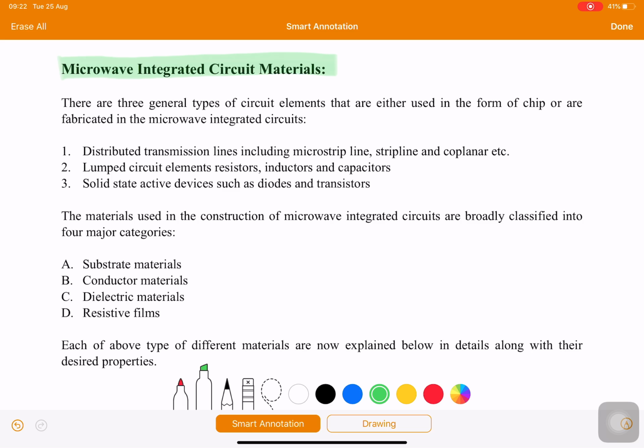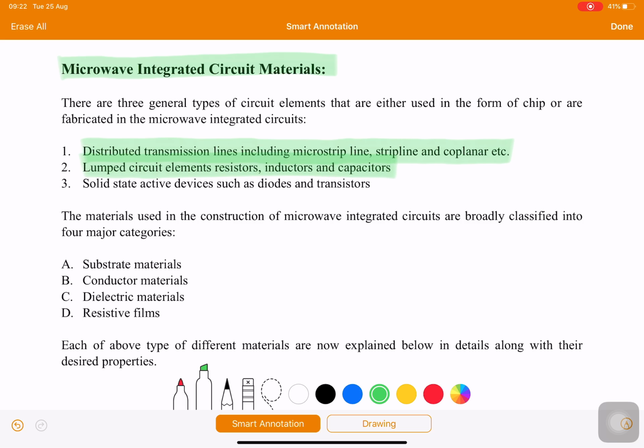So the three general types of circuit elements which we normally encounter in the design of microwave integrated circuits are: number one, the distributed transmission lines, which are mainly acting as a conductor, which includes the use of microstrip transmission line, strip line, and coplanar transmission lines. Okay, so in the construction we may use the lumped circuit elements, which include resistors, inductors, and capacitors.